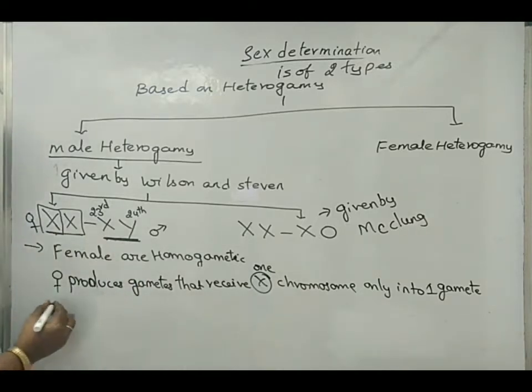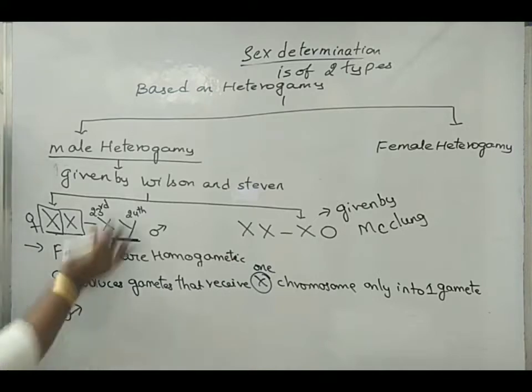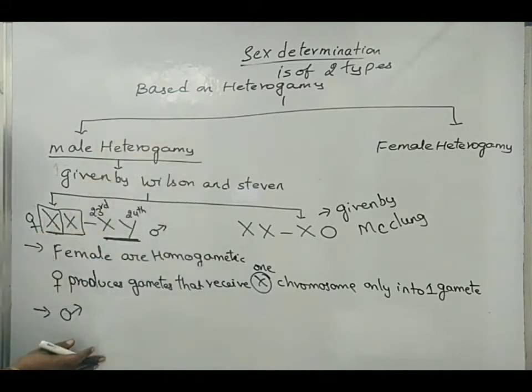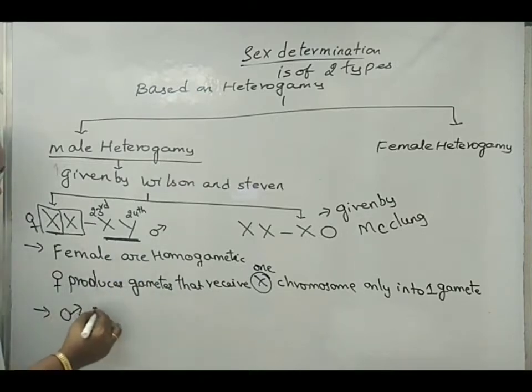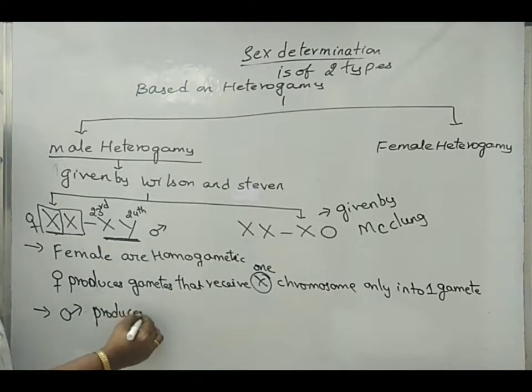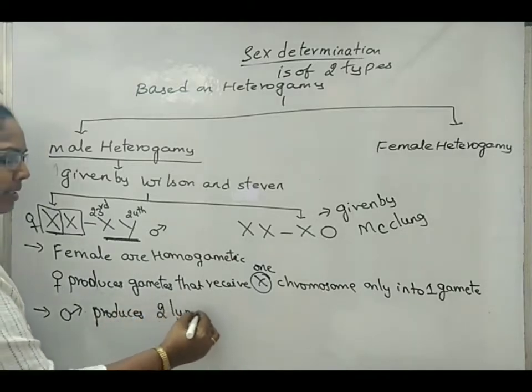Now, another point we will write, which explains this concept of heterogamy. Male organisms, male produces two types of gametes.